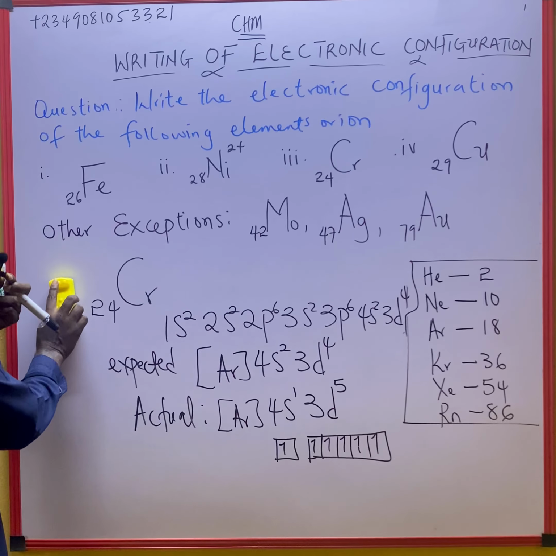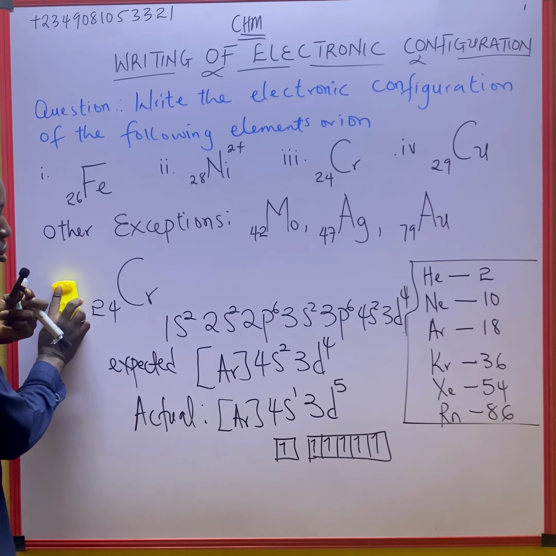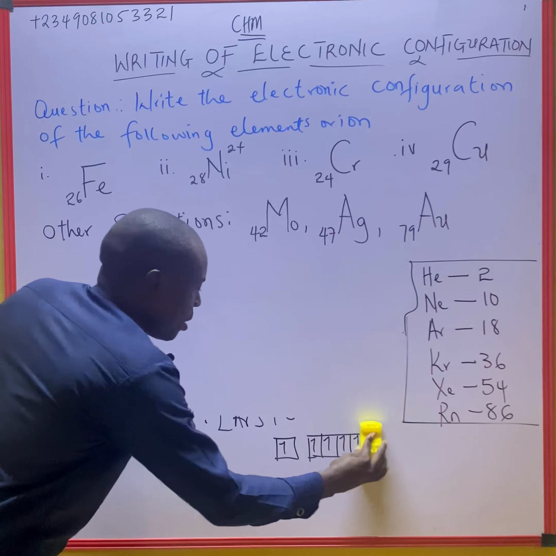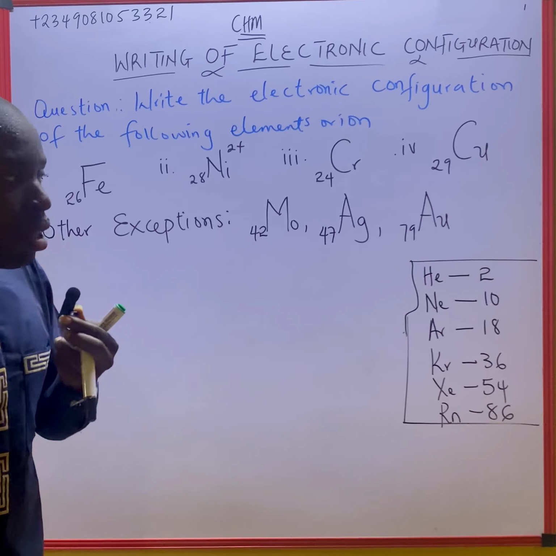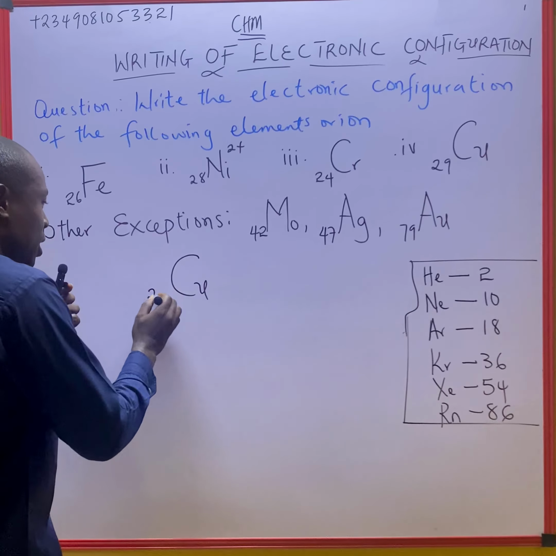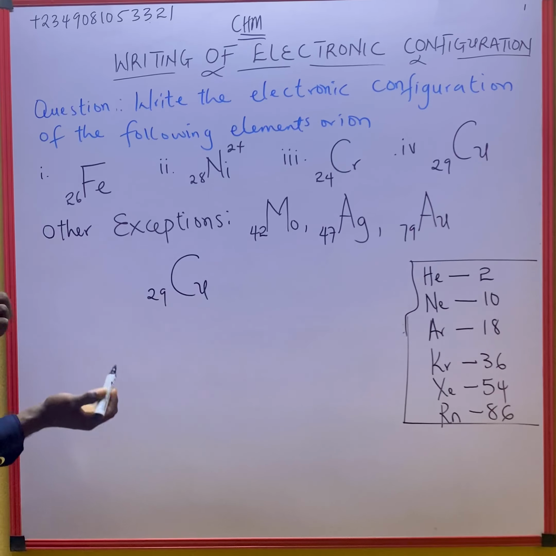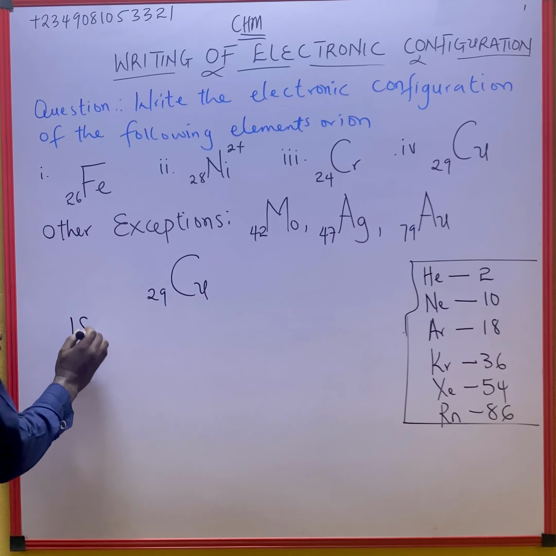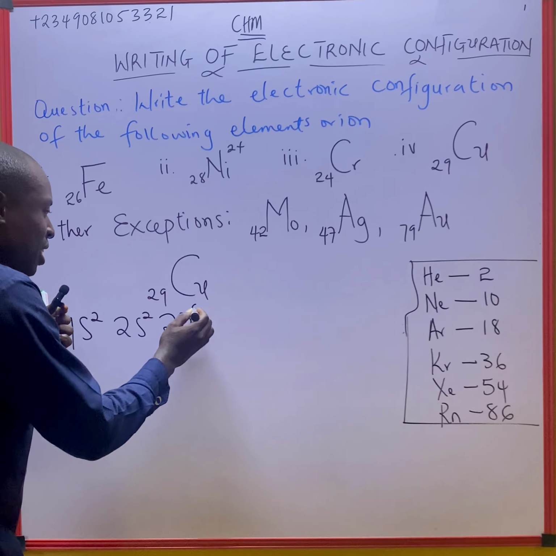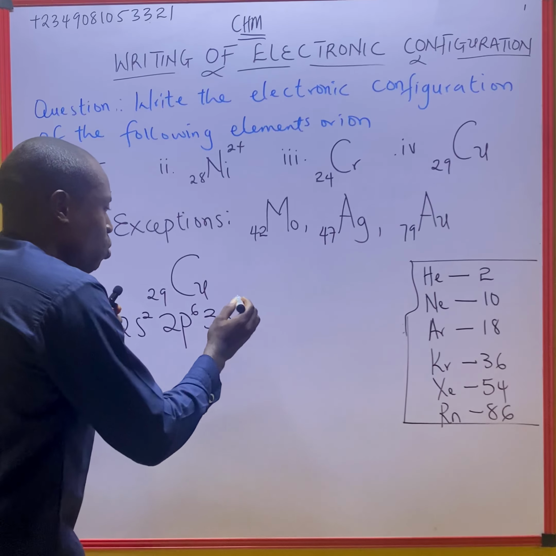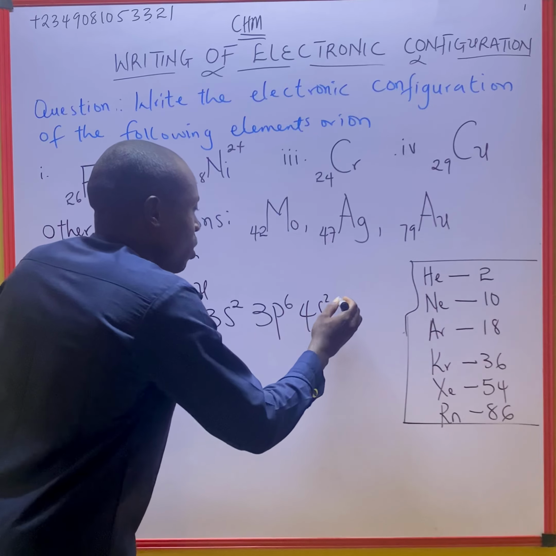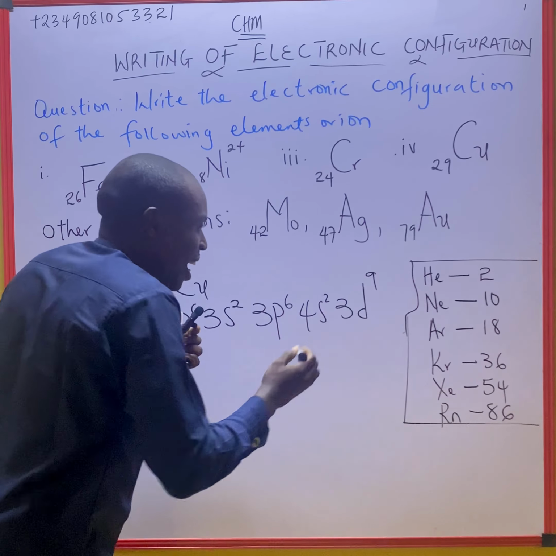Now let me erase the board so you can have enough time to do them. Now, move here. The same thing here. Take note of this exception. In the case of copper, the atomic number is 29. What would have been expected is 1s2, 2s2, 2p6, 3s2, 3p6, 4s2, 3d9.